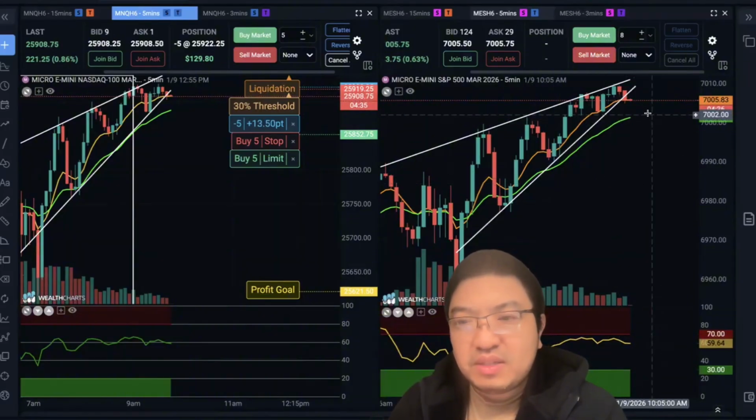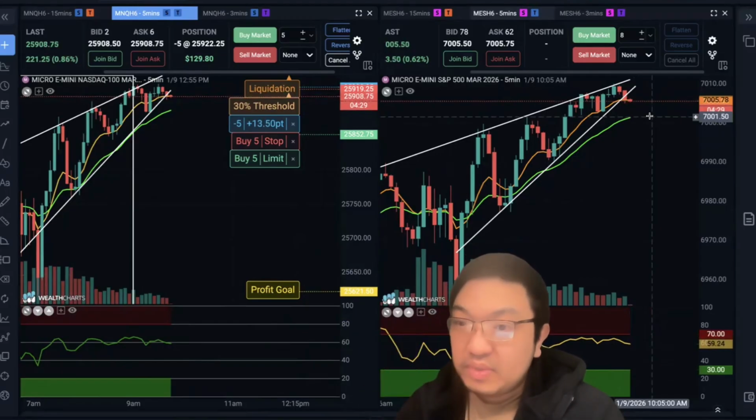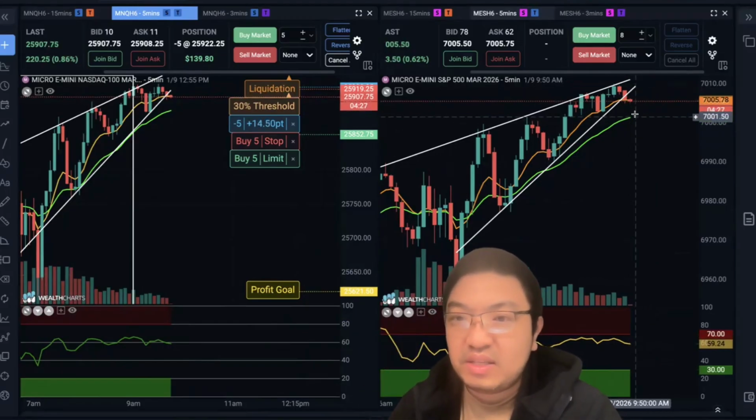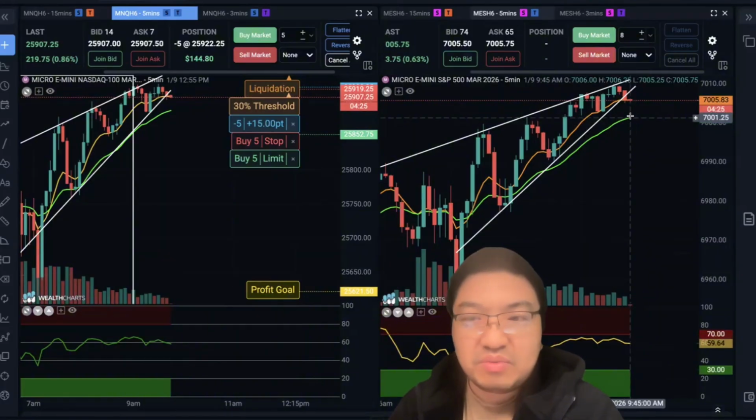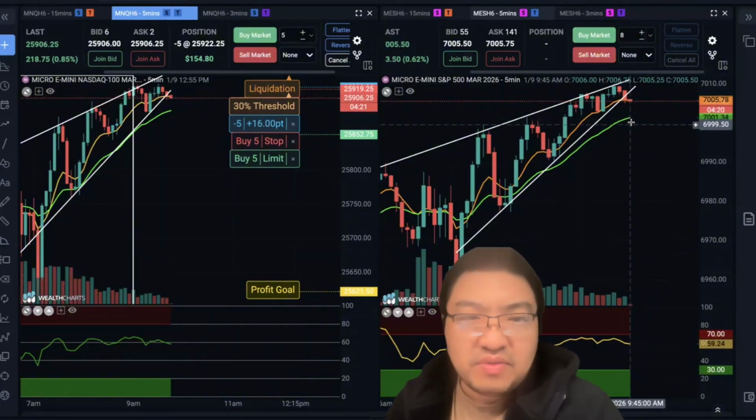If it breaks and closes underneath this line, I'll see, because this is EMA 21, if somebody is defending at EMA 21. If it closes underneath EMA 21, well, that confirms the Dow trend.